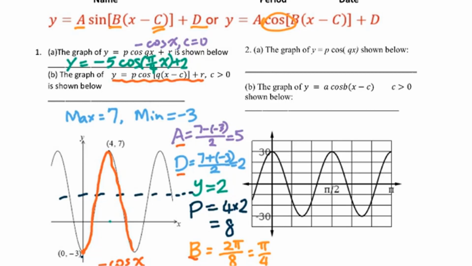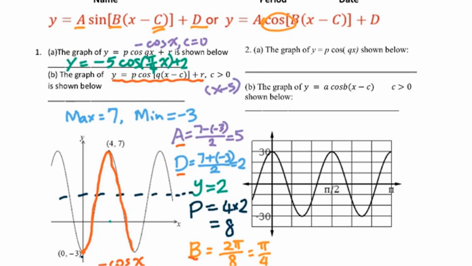First of all, look at the c. It's minus c, but c is positive. Think about any positive number, but that's x minus. Let's, for example, do x minus 5.